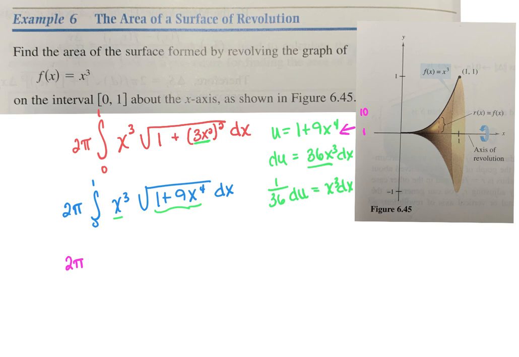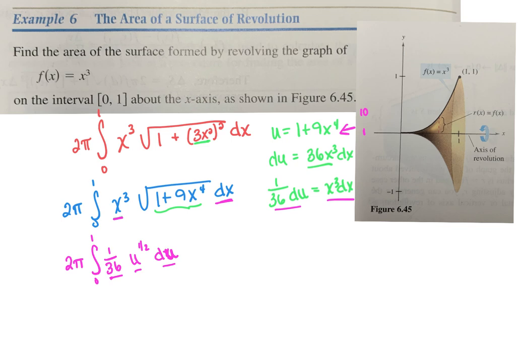So you can do it that way, or you can plug it back in, whichever one you like better. So 0 to 1, if I leave it alone, I do need my 1 over 36. And then I would have my u, basically, to the 1/2 there, dx. Everything else is accounted for. X cubed dx, sorry, du, is accounted for with 1/36 du.